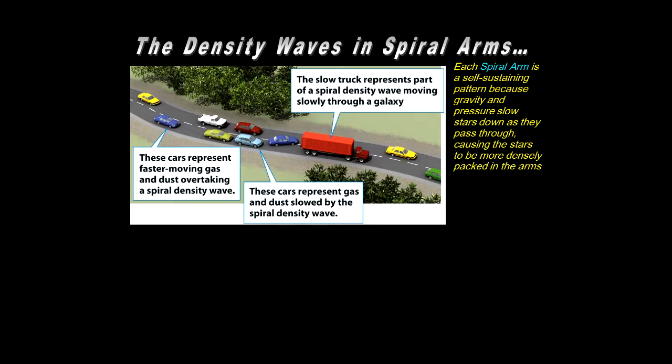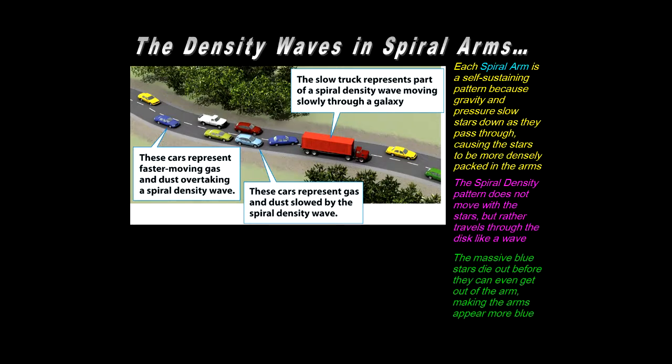So it's a self-sustaining pattern because gravity and pressure are working together to slow the stars down as they enter and then speed up as they pass through on the other side. The density pattern itself does not move with the stars, but you could say it travels through the disk like a wave, and that's why it's called a spiral density wave pattern.